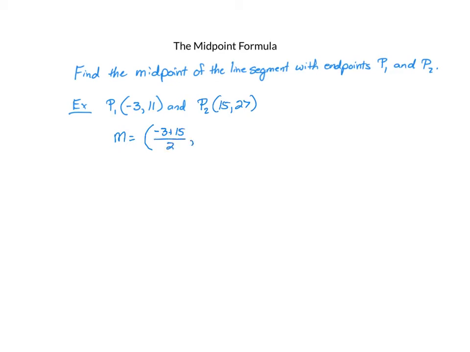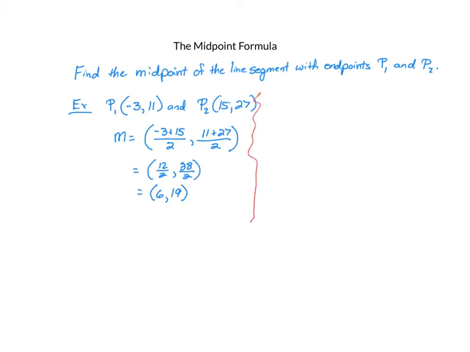And the average of the y-coordinates, 11 plus 27 divided by 2. Let's do the arithmetic. So we have 12 over 2, and we have 38 over 2, which gives us the ordered pair of (6, 19). And at a quick glance, those do seem to be the numbers that are between -3 and 15, and 11 and 27. Let's look at another example.